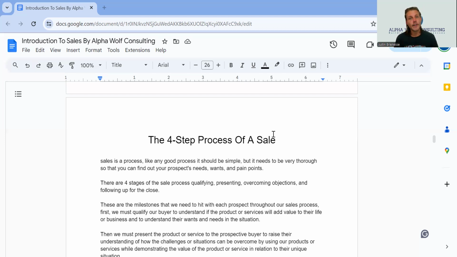So qualifying is very important because this is where we gather the information to get a clear picture with our potential buyer on what are the current problems that they're facing, what are their current constraints, and how can this product or service be positioned to really benefit them in language that relates back to their needs, their wants, and their desires. And then we have the presentation phase.